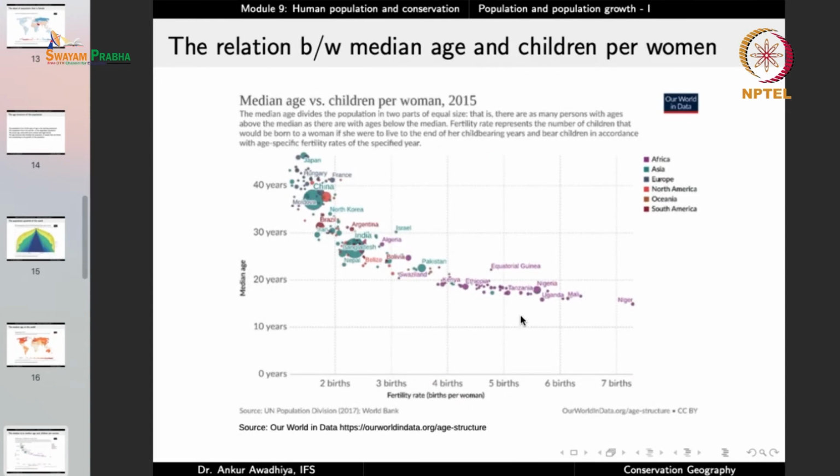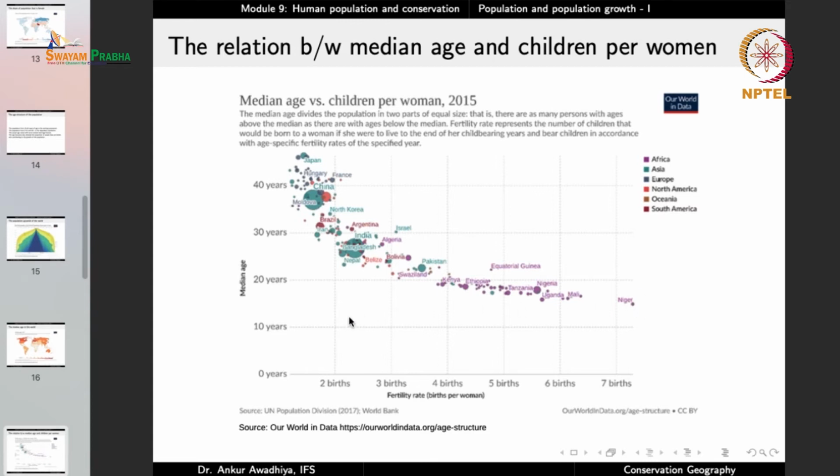Now this has got a lot to do with the growth rate of the population and the number of children that are being born. So if we drew a plot between the fertility rate, or the number of children that are being born per woman, versus the median age on the y-axis, we'll find that in countries such as Niger, we have more than 7 children on an average that are being born per woman.